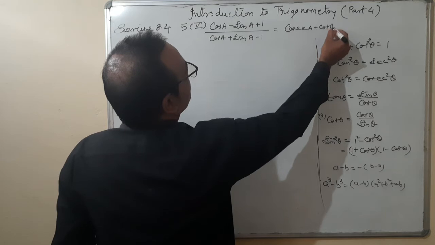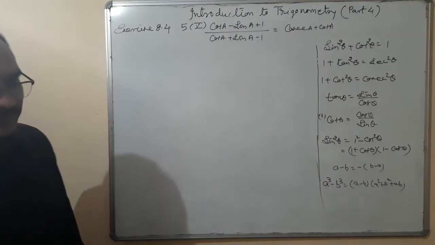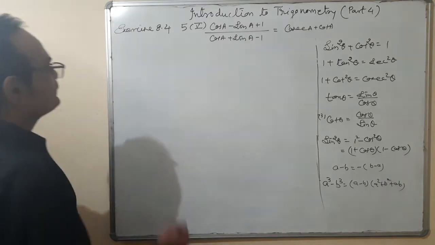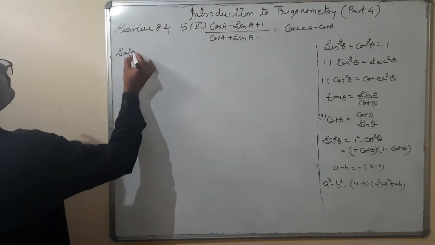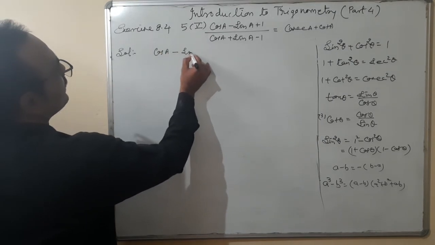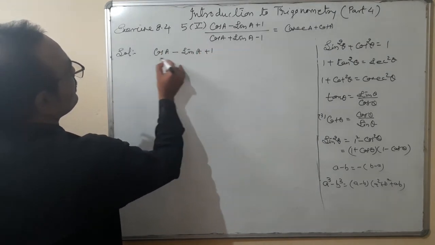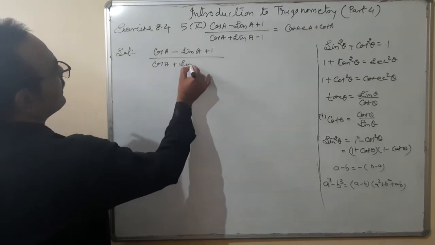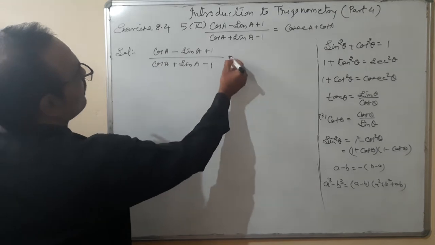Very interesting question and a very specific way in which we shall have to solve it. Cos a minus sin a plus 1 upon cos a plus sin a minus 1.